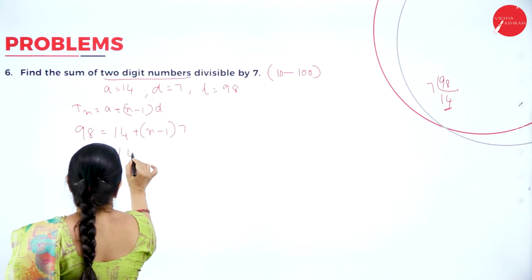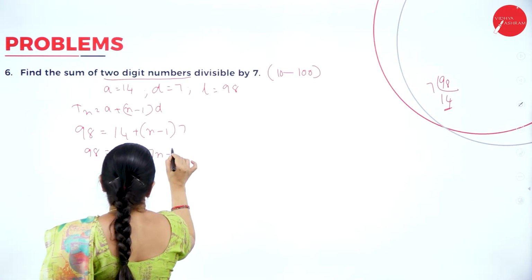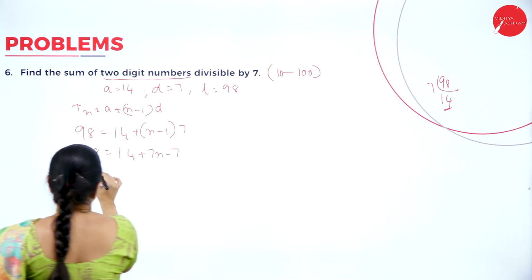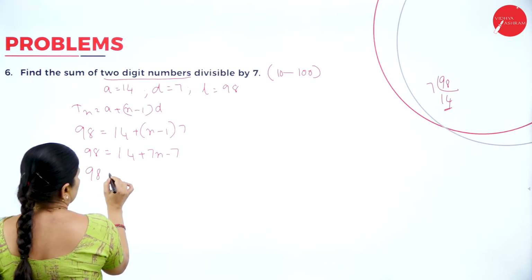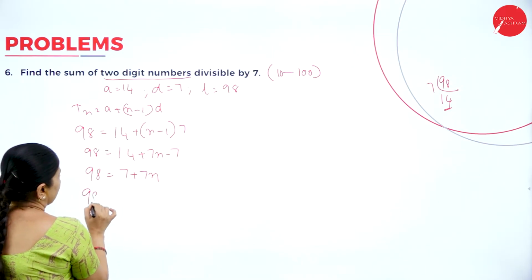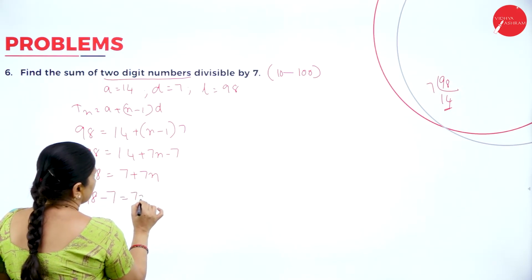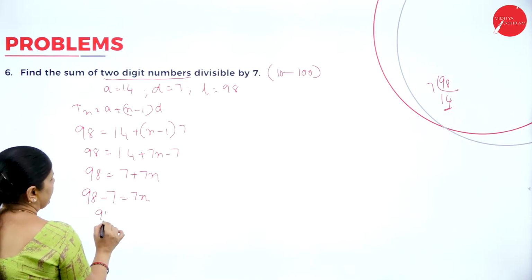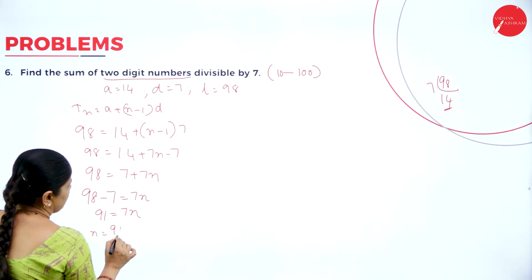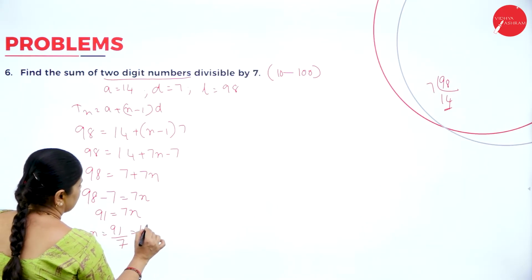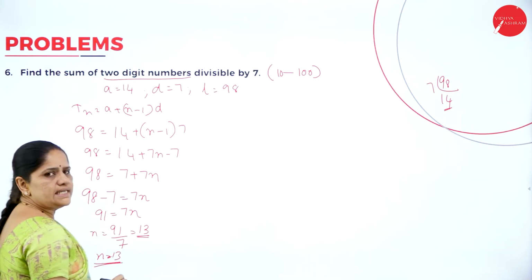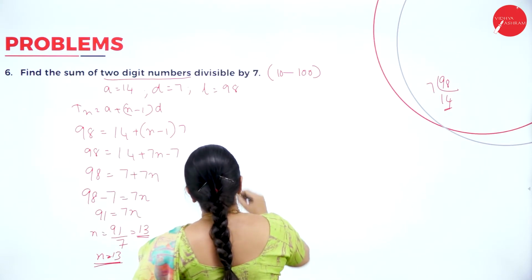So 98 equals 14 plus 7n minus 7, which gives 98 equals 7 plus 7n. 98 minus 7 equals 7n, so 91 equals 7n. n equals 91 by 7, that is 13. 13 sevens are 91. So n equals 13.